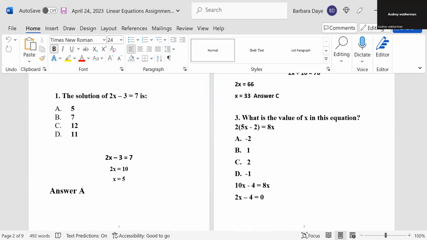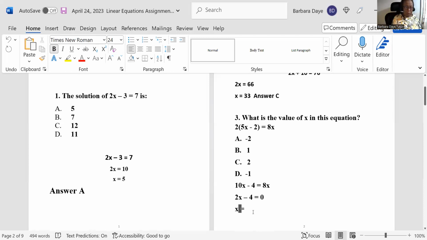Divide both sides by the 2. And then how do we get this constant on the right side?